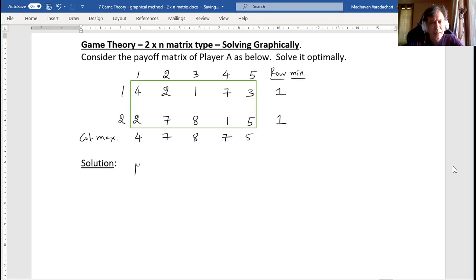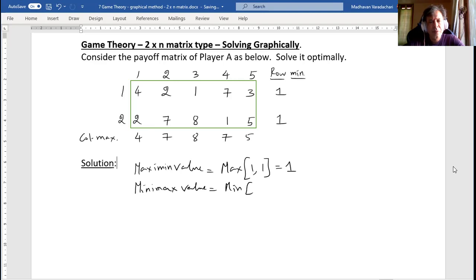So we can now find the maximum value, which is the maximum of row minimums, 1 and 1. So it becomes 1. Then the minimax value, which is the minimum of 4, 7, 8, 7, and 5. The minimum is 4. Consider this as 1 and this as 2.